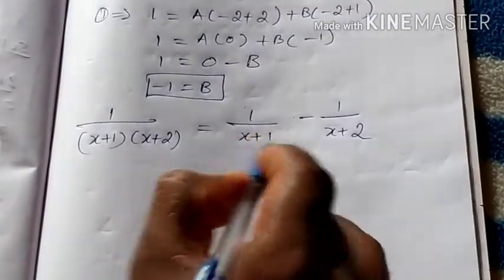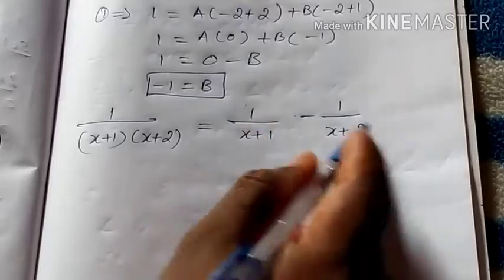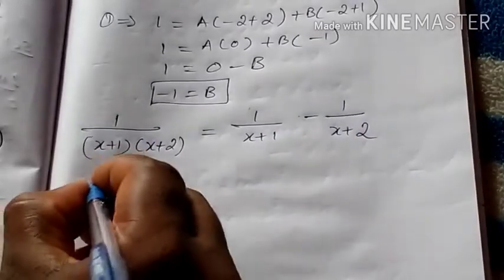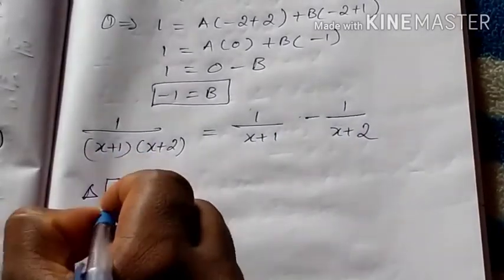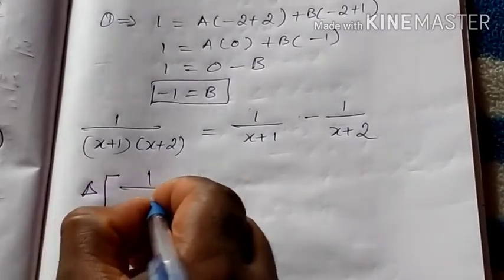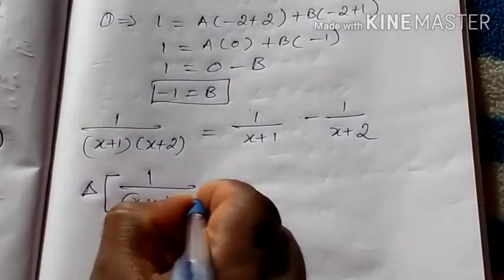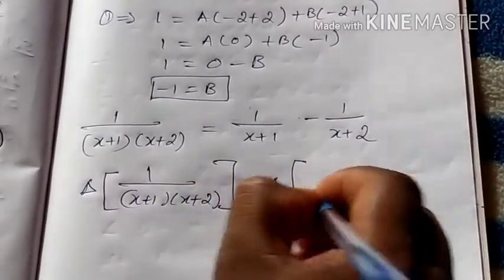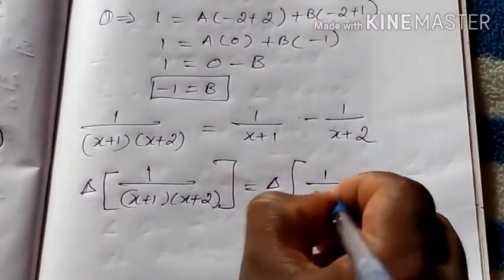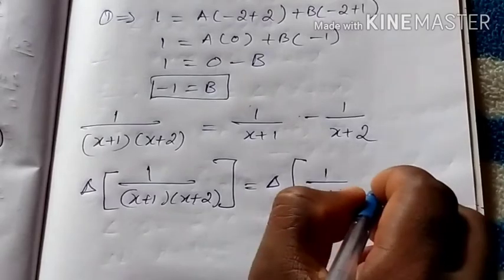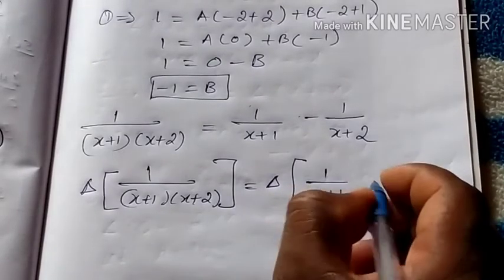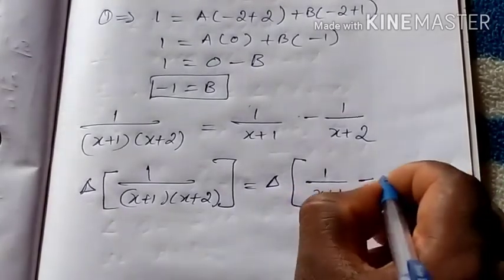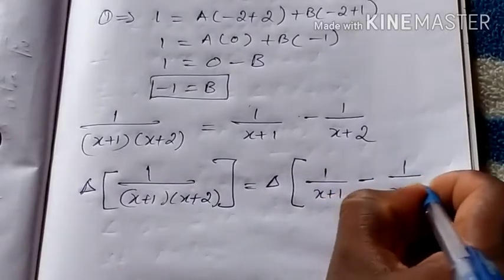Now we get the linear polynomial, then making the forward difference operator. Okay, so delta into 1 divided by x plus 1 into x plus 2 equal to delta into 1 divided by x plus 1 minus 1 divided by x plus 2.